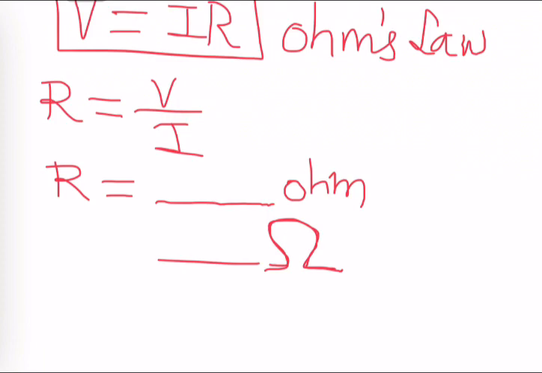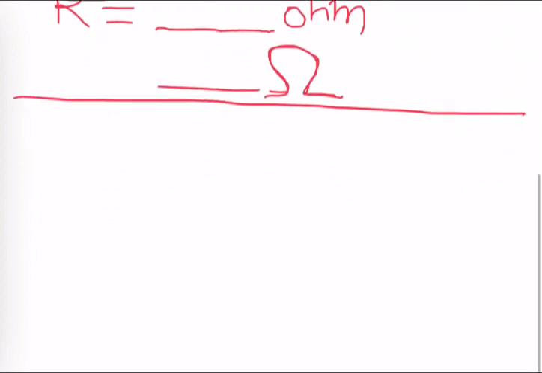Define resistance. When do you say that the resistance is 1 ohm? What exactly is resistance? It is the amount of opposition offered by the conductor to the flow of electrons, to the flow of current.